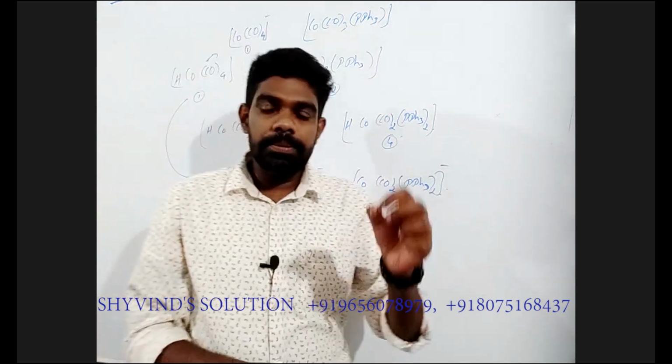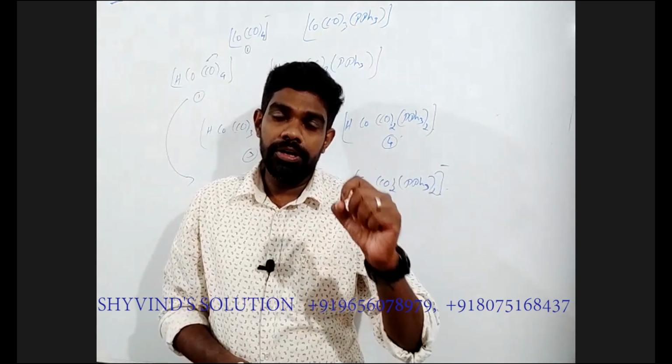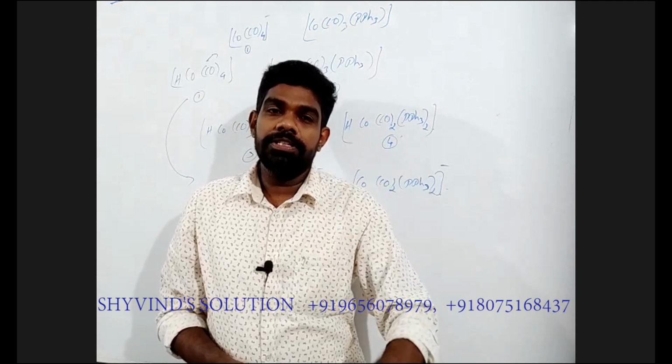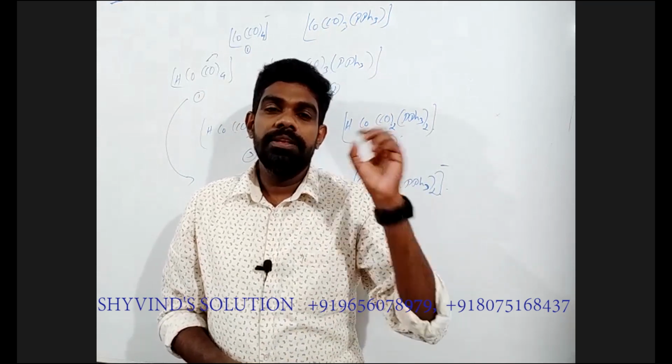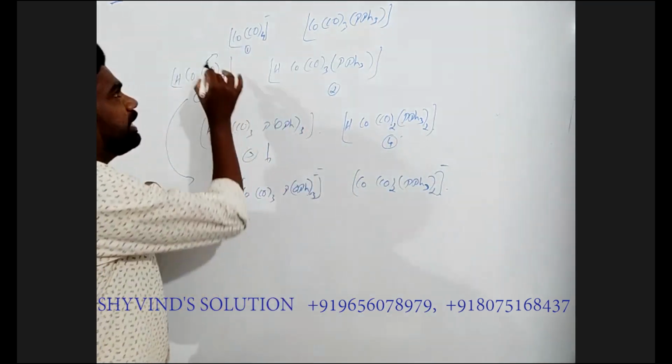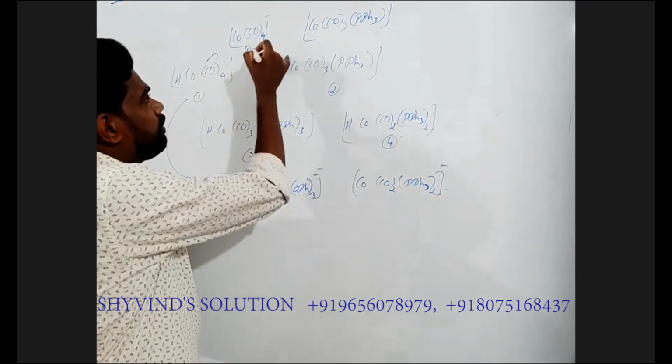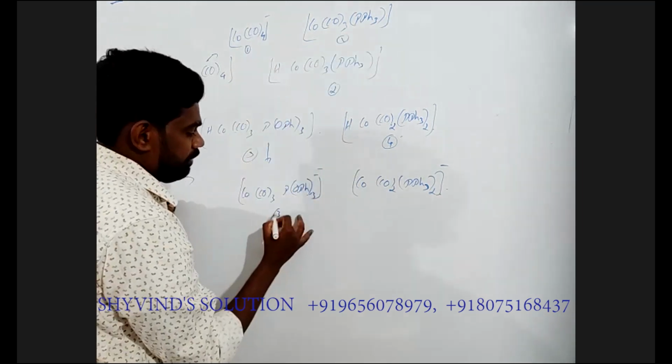The stability of this anion determines the acidity. If the anion after removal of H plus is more stable, then that molecule will be more acidic. So we should find the order of stability of these anions, first, second, third, and fourth.